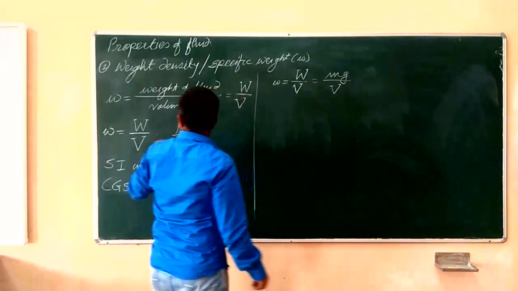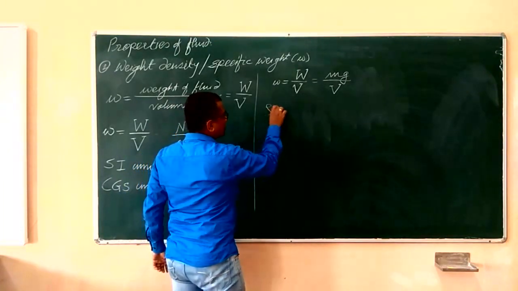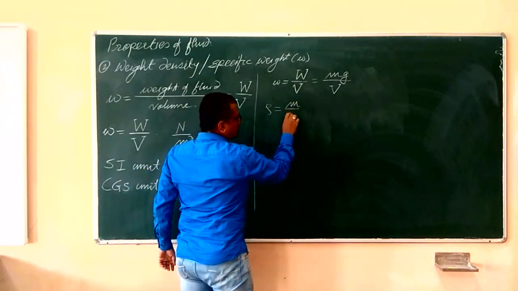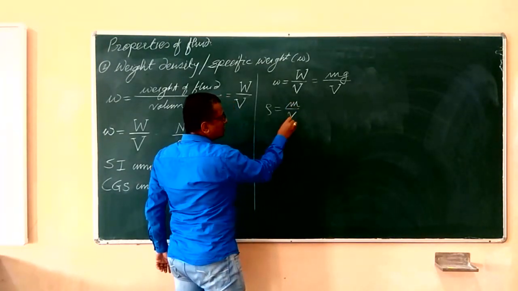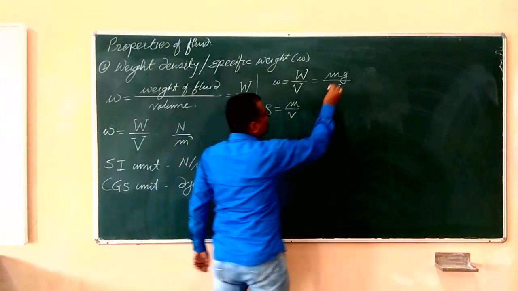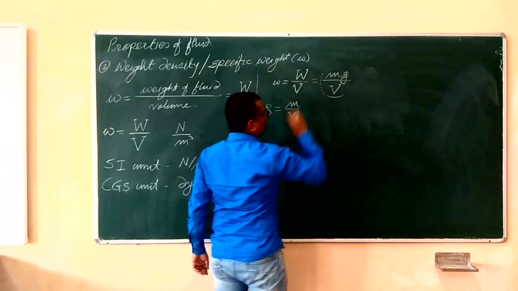Now, in the previous topic we have seen one of the properties of the fluid, that is density, which is the mass per unit volume. So if you look at this entity, mass per unit volume, which is nothing but the density, and if you look at this term over here, that is this mass divided by this volume.